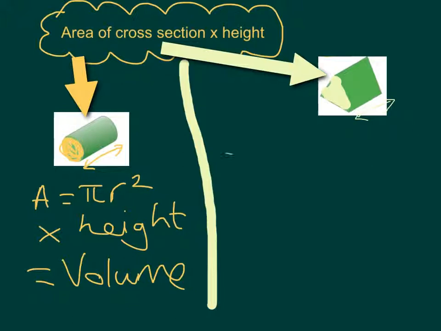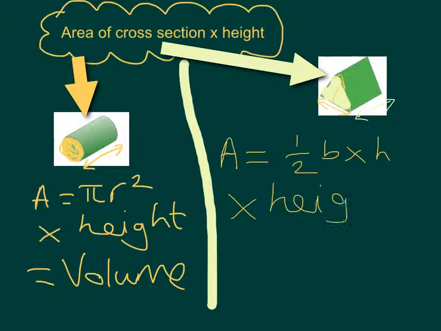Now we know the area of this triangle is half of its base times its height. And once we get that figure, we can multiply it by the height or the length of the triangular prism, and that answer will give us the volume.